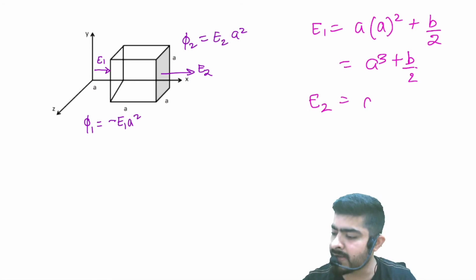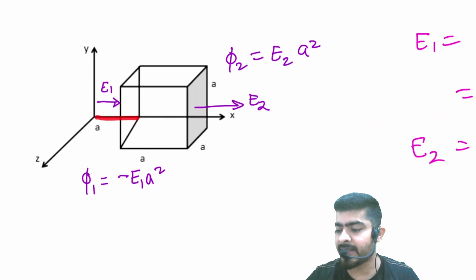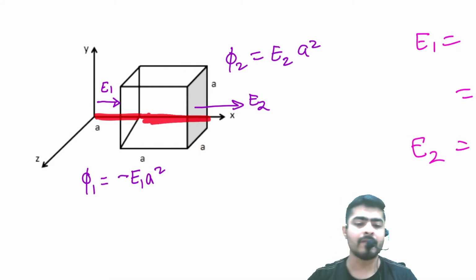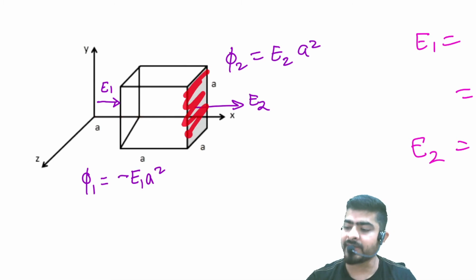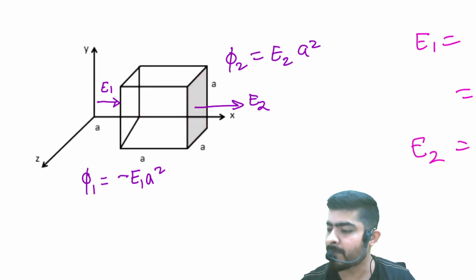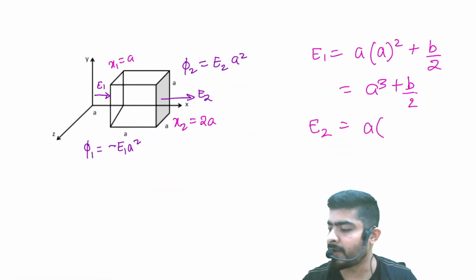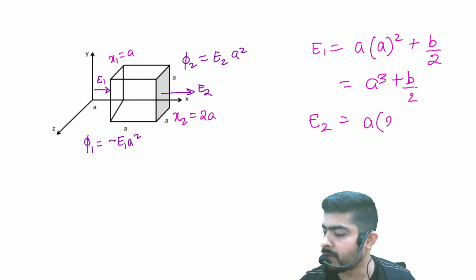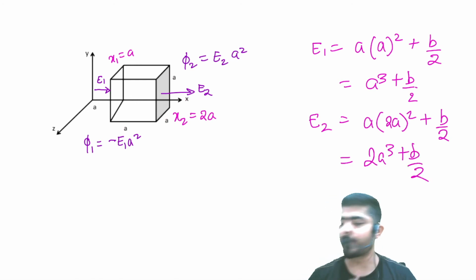Now this distance is a, correct, plus this is also a. So the total distance will be how much? 2a. So for this face, x coordinate equals 2a. Let me write that down over here: x1 equal to a, x2 equal to 2a. So here I'll write down a times 2a whole square plus b by 2. So I'm getting 2a cube plus b by 2.